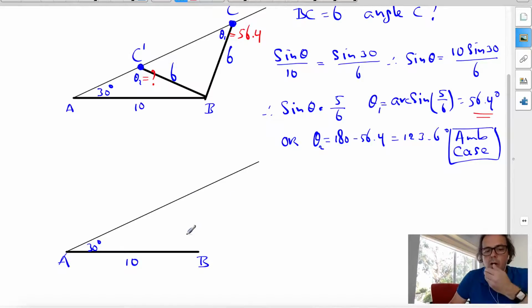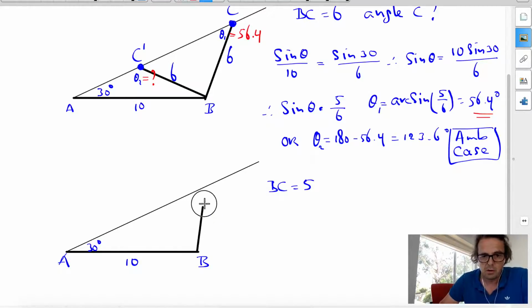Now, similar problem. Suppose in this problem here, BC is 5. Not 6, but 5. Again, now that we know about the ambiguous case, we know that there might be two answers. We know that this could be an answer, and we know that there could be another answer there, which is quite the same.